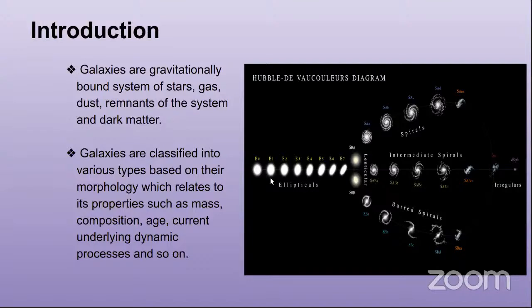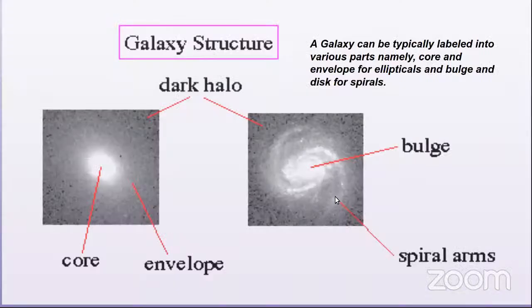The elliptical galaxies are also called early type galaxies, and these are late type galaxies. This morphology not only tells about how they vary in their looks, but also in their composition and the physics going on in the galaxies as well.